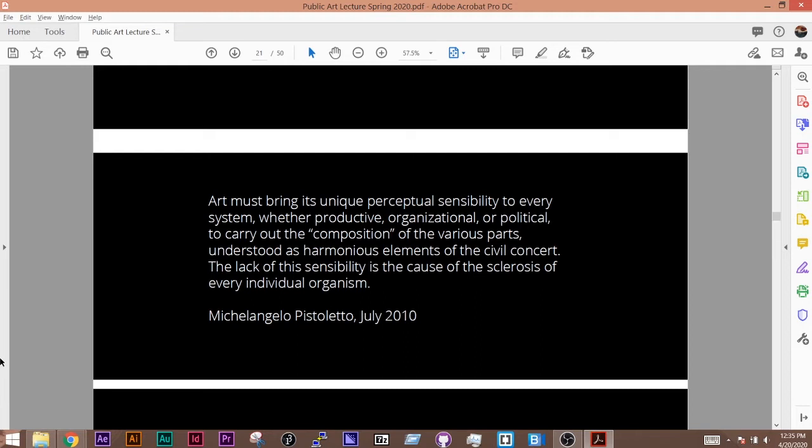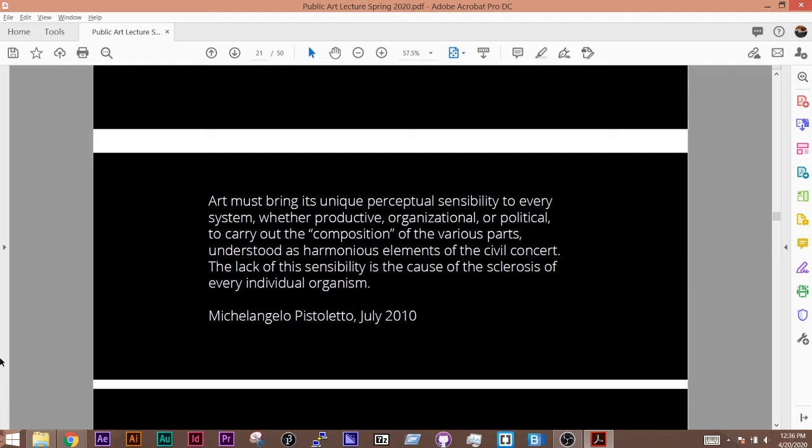So in this, thinking about how art exists within a system, which has many different parts, could be social, could be political, could be economic, and this phrase, the harmonious elements of the civil concert, means that all of these parts are moving together and they're interconnected. And art is this way of finding how these things work and weave together, or where they break down.